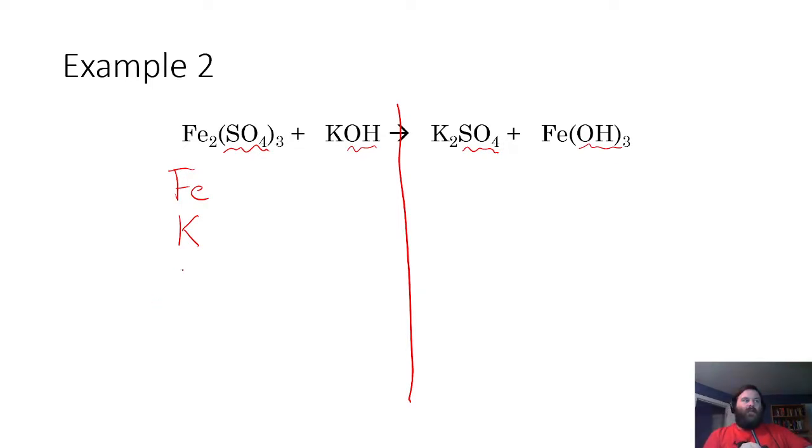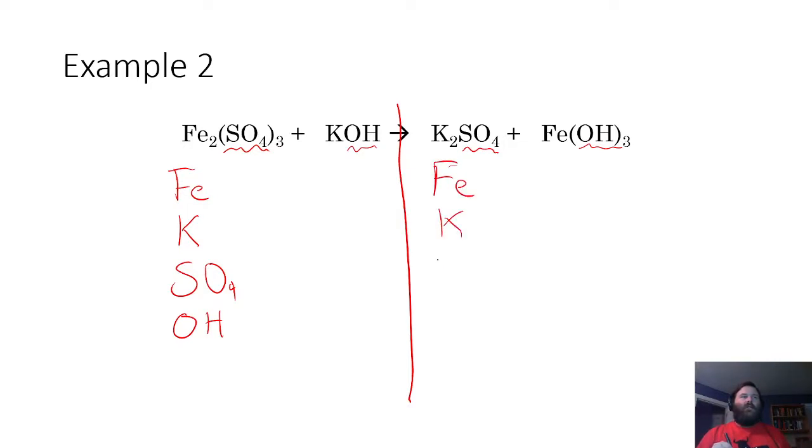Okay, so rather than doing sulfur and oxygen, you can just do SO4 and OH. Because unless you're doing a decomposition or synthesis reaction, polyatomic ions are never going to break up in a double or single replacement reaction. So we'll list them over here as well.